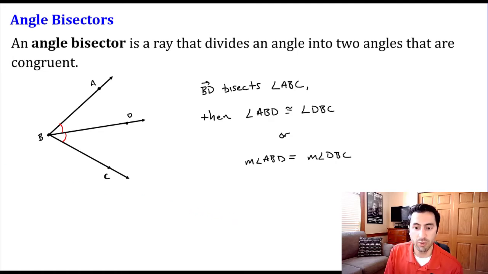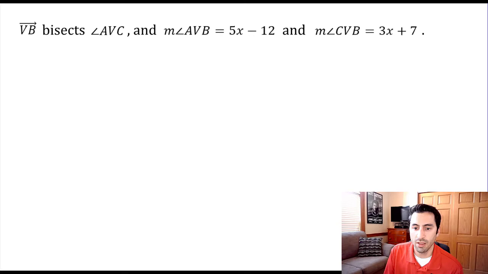And let's look at an example where we do just that. So I have ray VB bisects angle AVC. All right, before we go any further, let's start with a diagram. So the first thing is I have an angle AVC. So I'm just going to draw that first. I don't know exactly what this looks like, but that's okay.